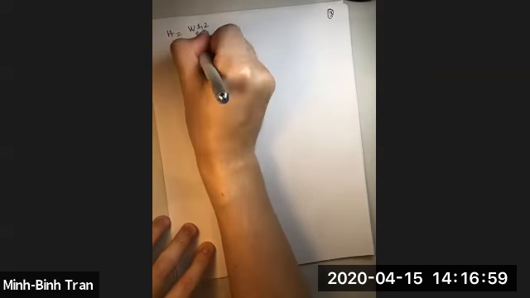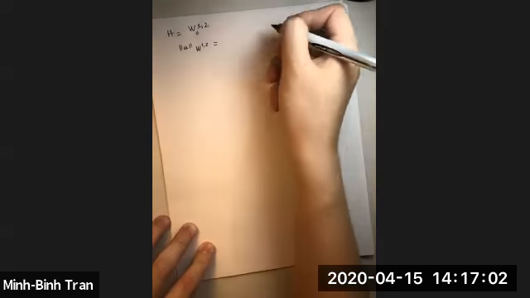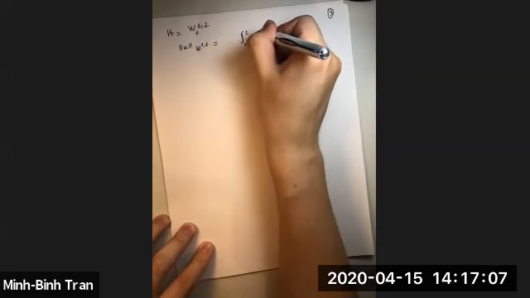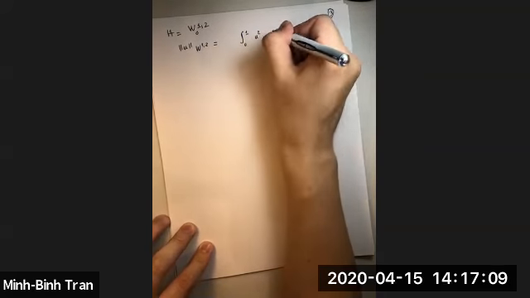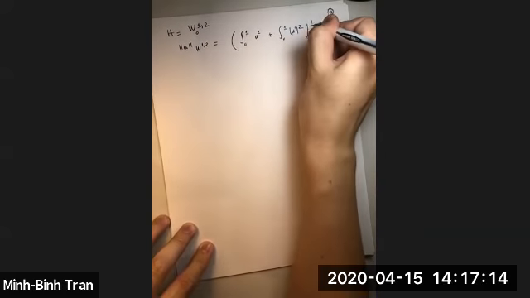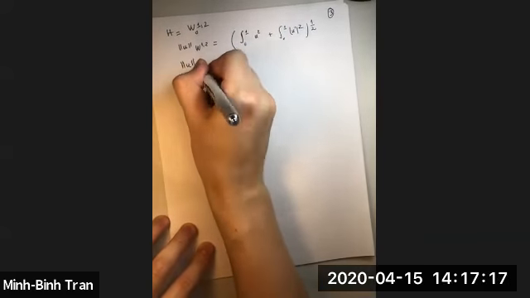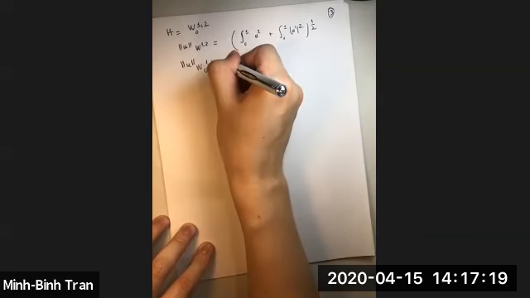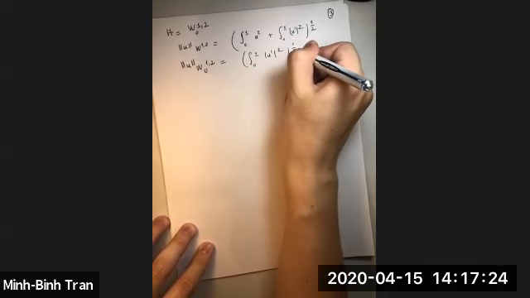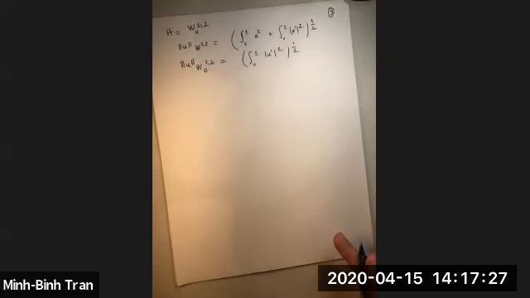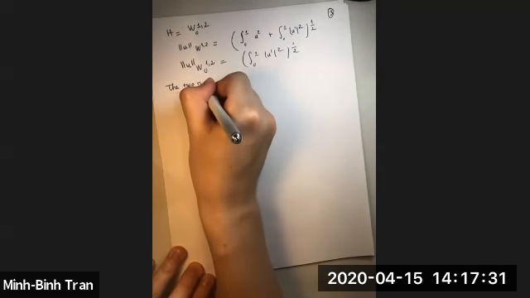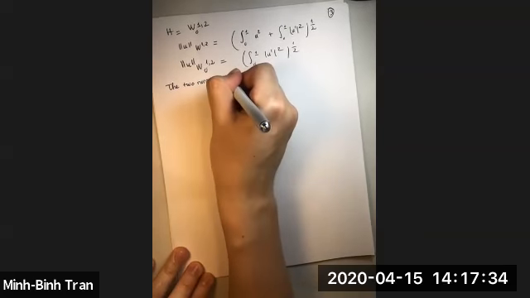The first norm is the square root of the integral of u squared plus the integral from 0 to 1 of u' squared. And the other one is only the integral of u' squared, to the power 1/2. And I say that the two norms are equivalent.